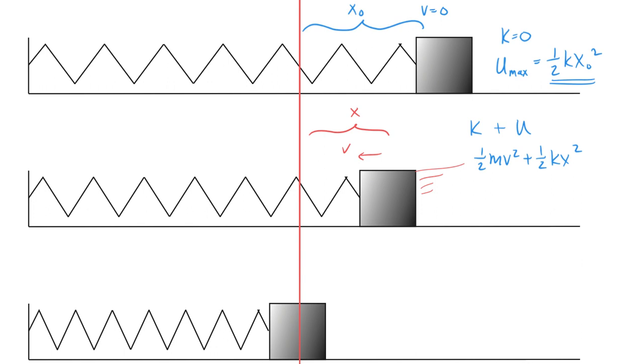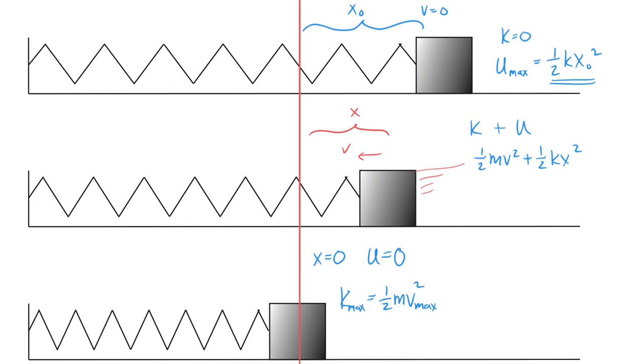over here, the position is 0. How much potential energy is there here? 0, right? So all the energy is in the form of what kind of energy? Kinetic. So 1/2 mv max squared is what's happening right now because all the energy is kinetic.